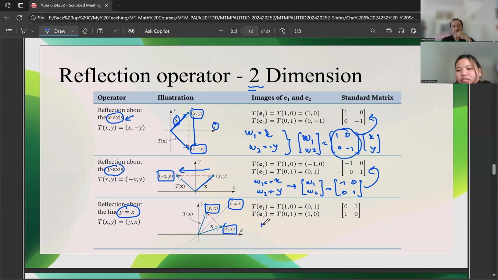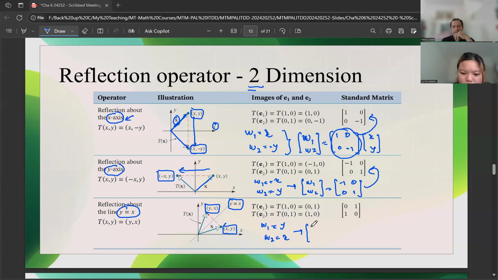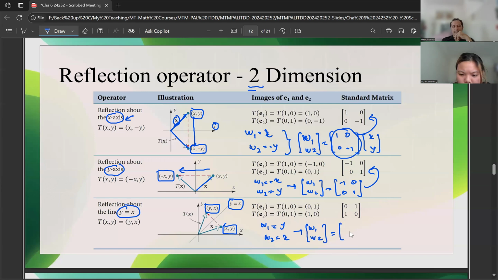So w1 will be y, w2 will be x, and then we can make the matrix 0, 1, 1, 0, times x, y.